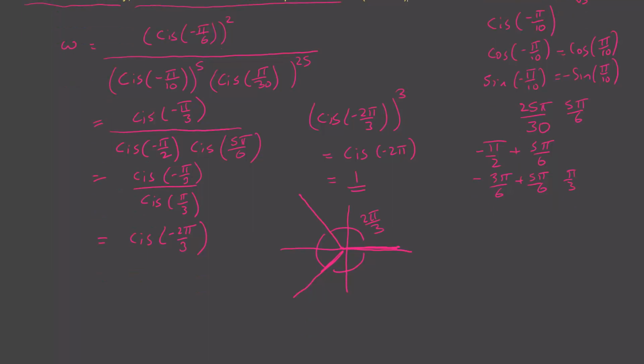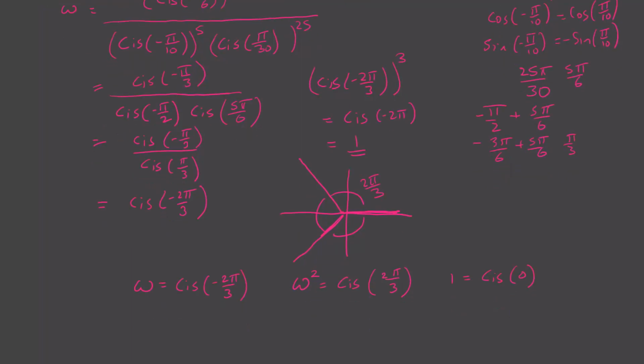So we know that the omega is cis negative 2 pi by 3, but then the other roots would be omega squared, which is, you don't have to call it that, but it would be cis 2 pi by 3, and then you have just 1, which of course is cis 0. So those are the other roots.